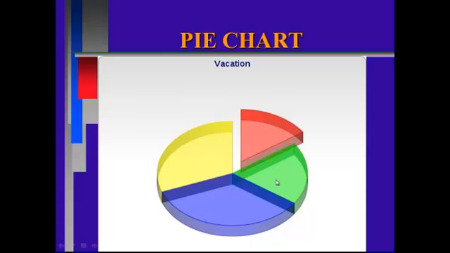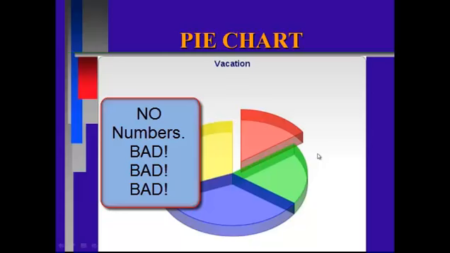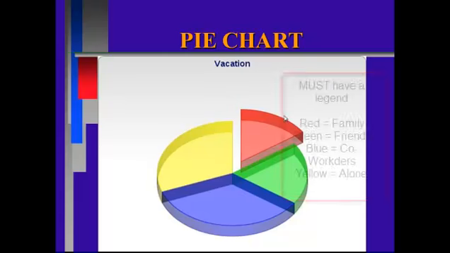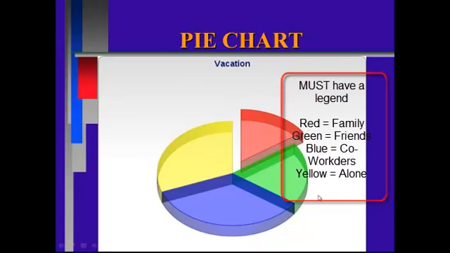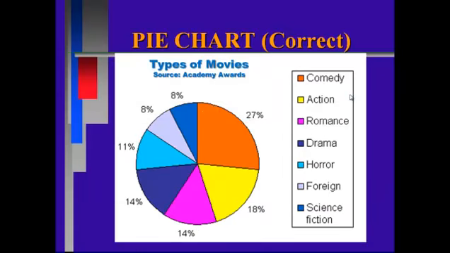But one of the biggest problems here is that you see there are no numbers on this pie chart. So I understand that the red and the green are less than the blue and the yellow, but it doesn't tell me any of the data. And also, you do not have a legend out to the side telling me what these pie pieces mean and what these colors mean.